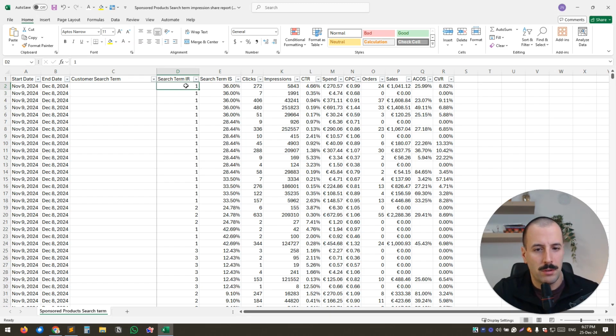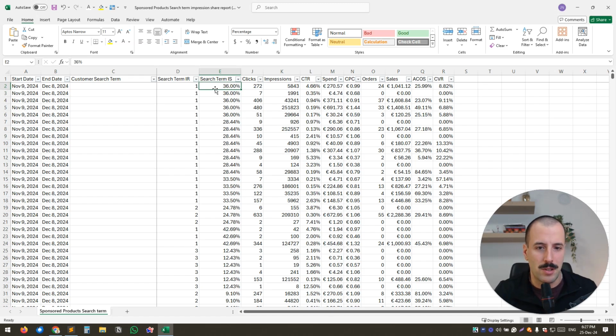And it's important to note that even though we are position 1 in the last 30 days, we are only grabbing, quote unquote, 36% of that search term impression share, of the whole chunk of the impressions available in this marketplace.